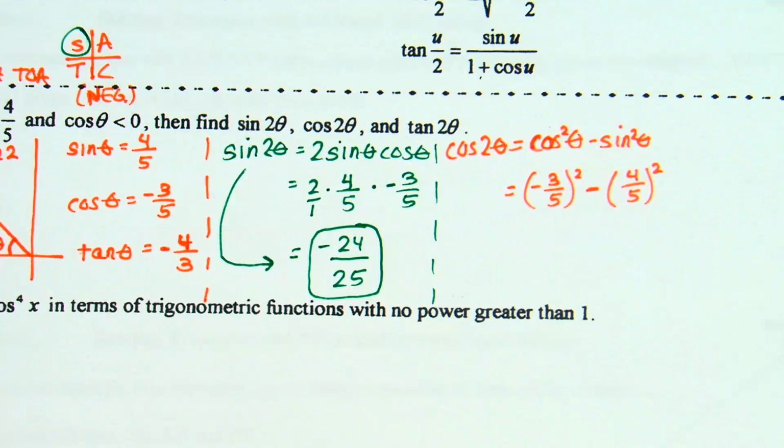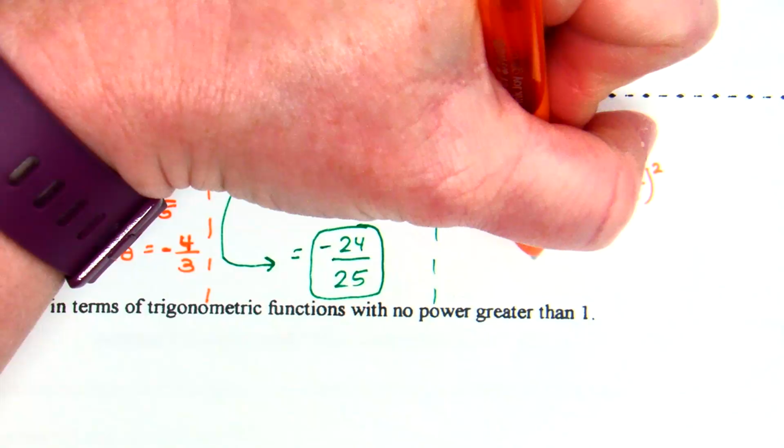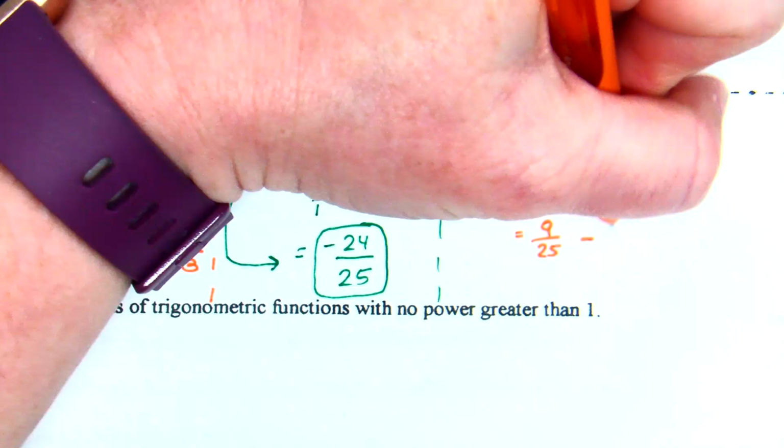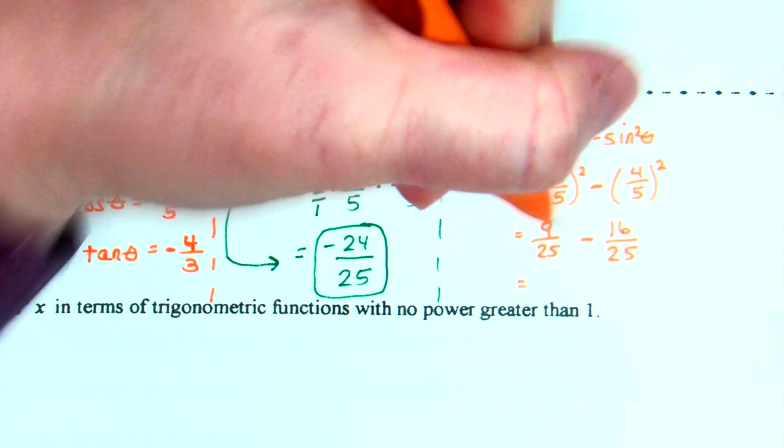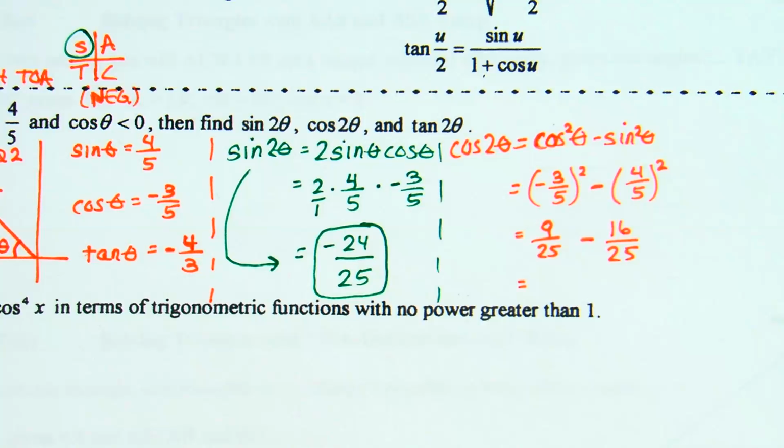What's -3/5 squared? Okay, negative times negative is going to make it positive. Square both numbers, 9/25. Minus, what's 4/5 squared? 16/25. What's 9/25 minus 16/25? -7/25.